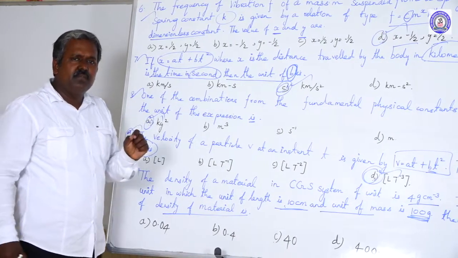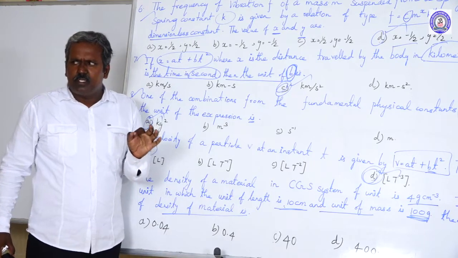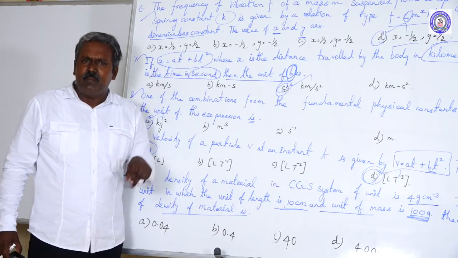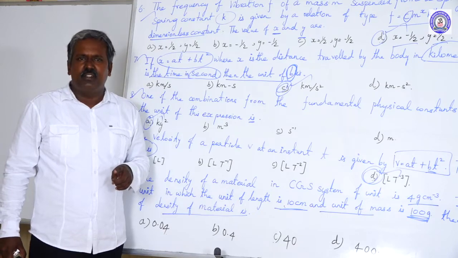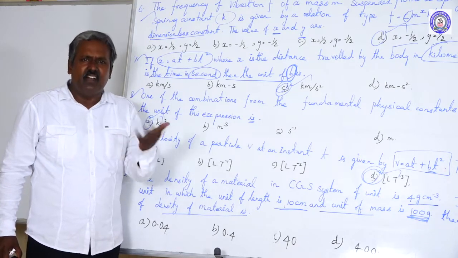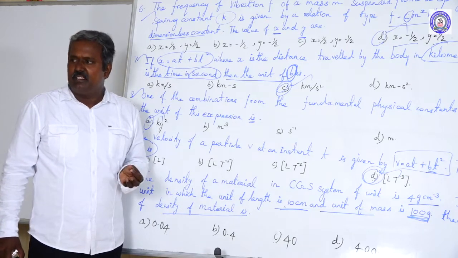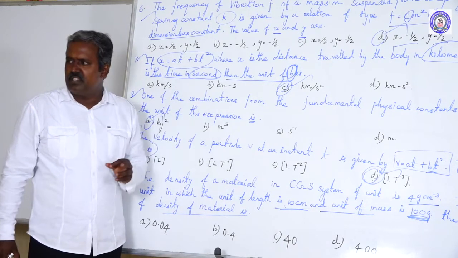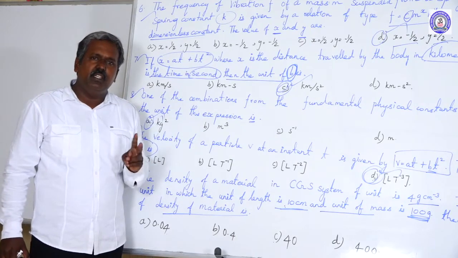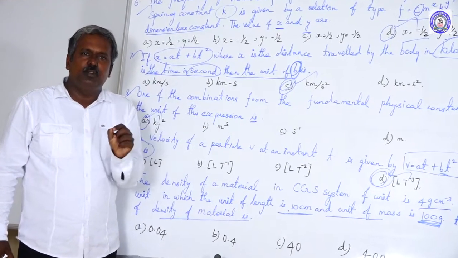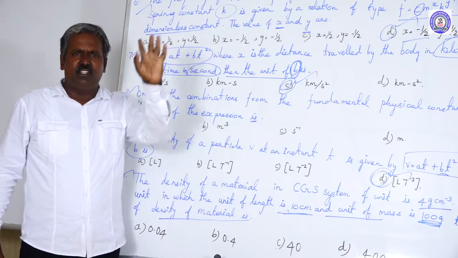Already discussed about this. Let us consider Q is one of the quantities. It depends upon Q1, Q2, Q3, other quantities. You can write Q is equal to K, one of the constants with no dimension. So Q is equal to K Q1 power a, Q2 power b, Q3 power c, like this.